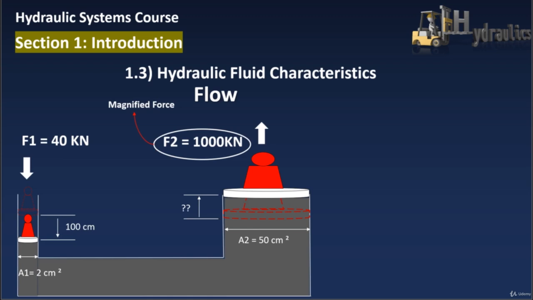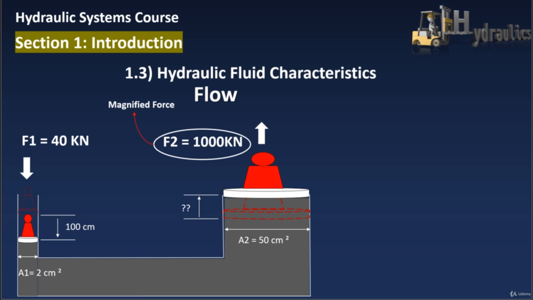In the law of physics, the law of conservation of energy is a principle which states that in an enclosed system, energy cannot be created or destroyed. Energy must be conserved.